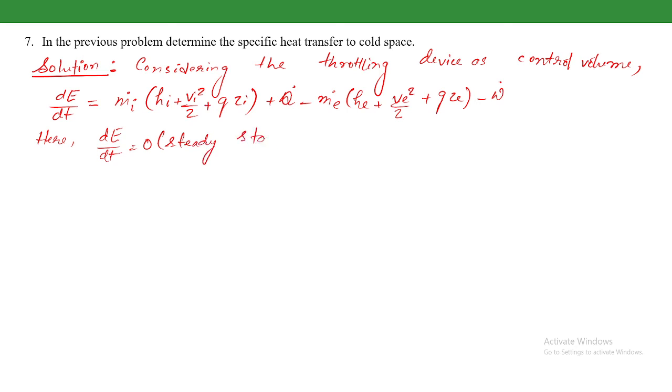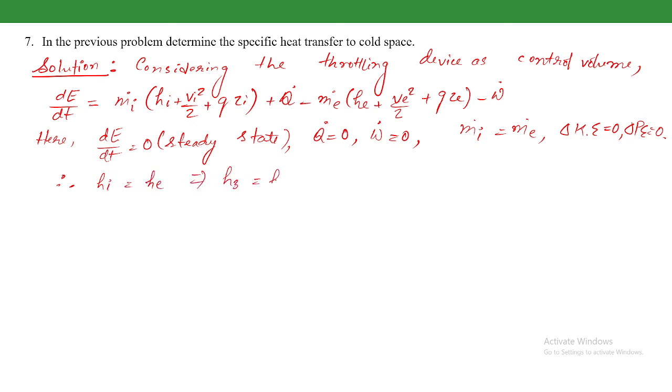There is no heat added, there is no work done, and mi is equal to me. Change in kinetic energy is 0 and change in potential energy is also 0. So this is 0, this is 0, this is 0, mi and me are equal so this gets cancelled, and the changes in kinetic and potential energy are neglected. Therefore we will find that hi is equal to he, that is h3 is equal to h4 for the throttling device.